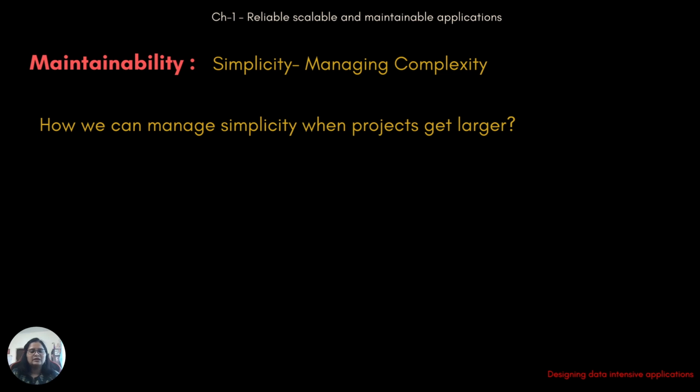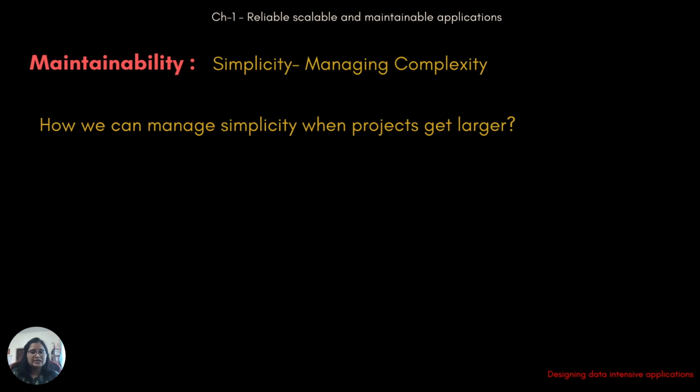Second is simplicity, or managing complexity. How can we manage simplicity when a project gets larger? The best tool we have for removing accidental complexity is abstraction. For example, high-level programming languages are abstractions that hide machine code, CPU registers, and system calls.